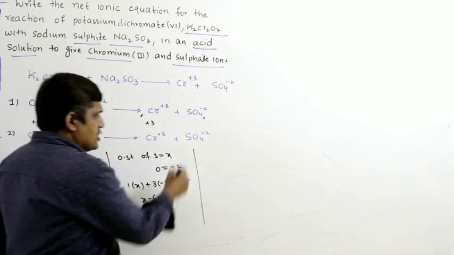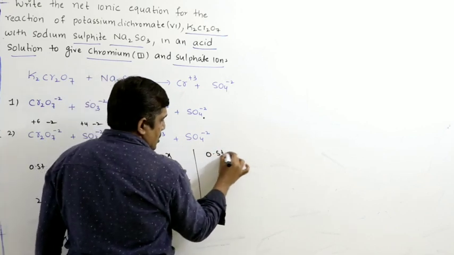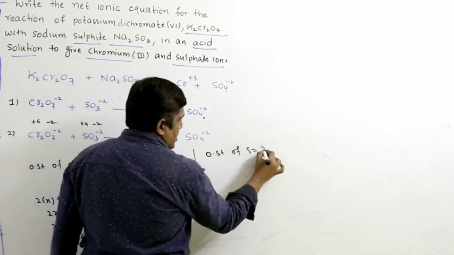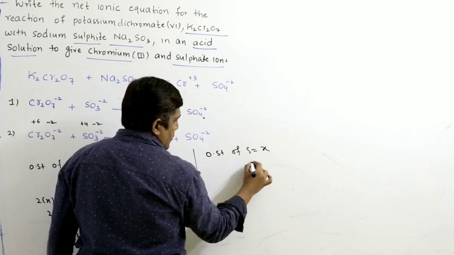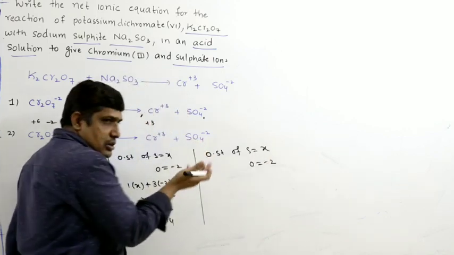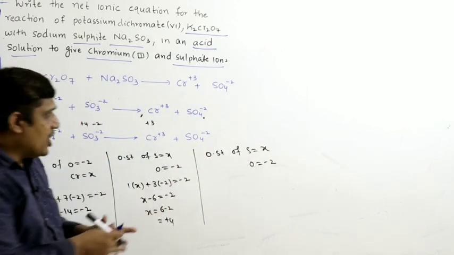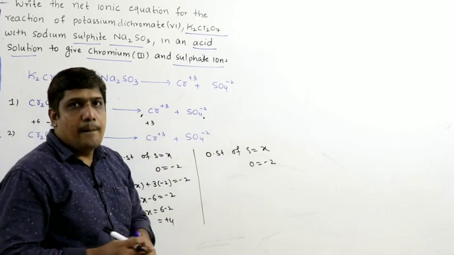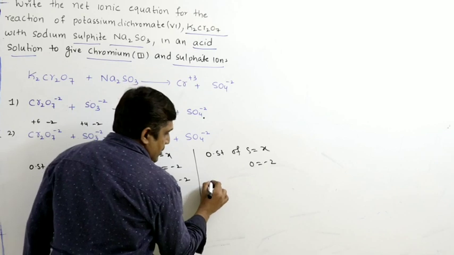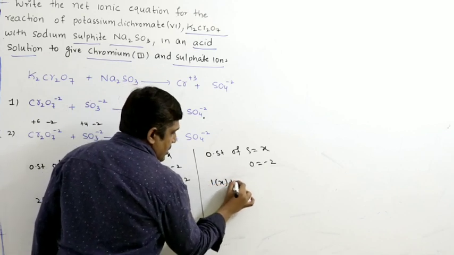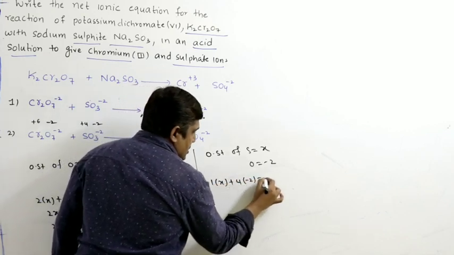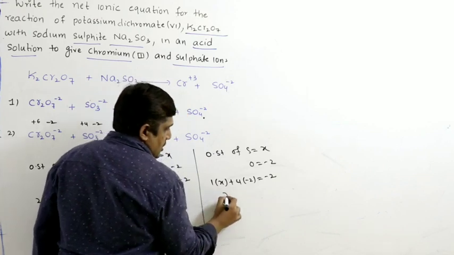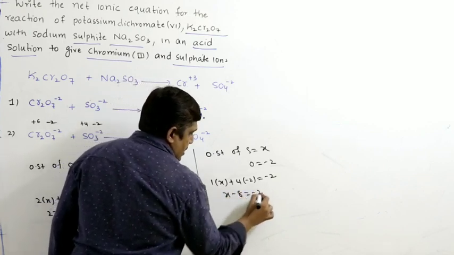Sulfate: we don't know the oxidation state of sulfur, so let us assume X. The oxidation state of oxygen is -2 because it is also an oxide. The sum of the oxidation states of all atoms, 1 sulfur and 4 oxygen, must be equal to -2. 1 sulfur into its oxidation state, 4 oxygen into oxidation state -2.